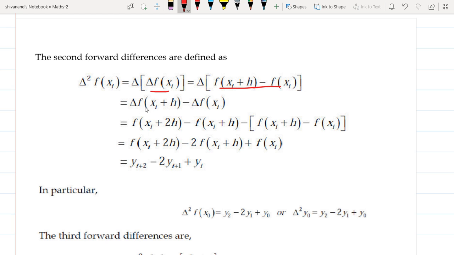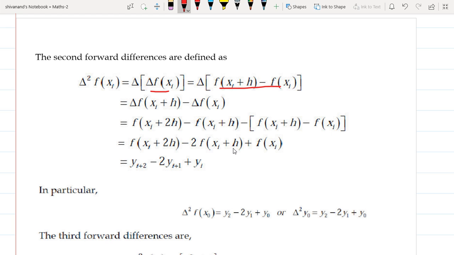And this delta has a linear property, that means it distributes over here. So delta of f of xi plus h minus delta of f of xi. So this is f of xi plus 2h minus f of xi plus h minus, and this delta f of xi is f of xi plus h minus f of xi.